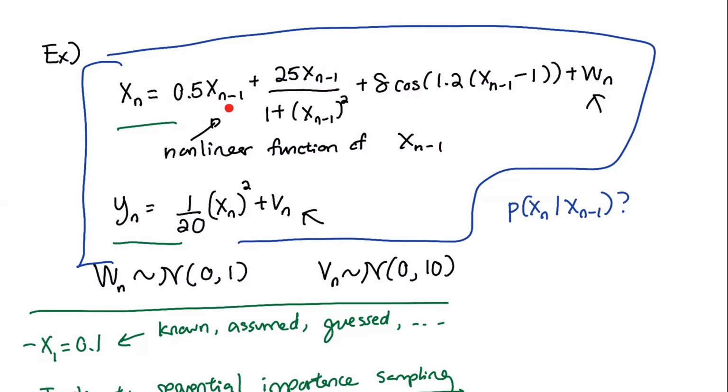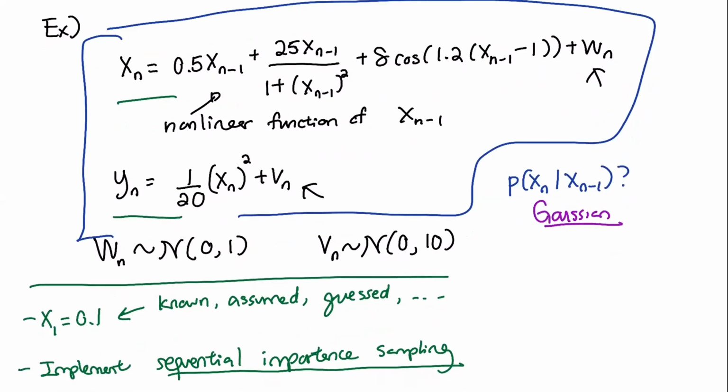As soon as I know what xn minus 1 is, I know exactly what this value is. So the only thing added to the unknownness of xn is this noise term, and I know this noise term is Gaussian. So whatever this number ends up being, it is some fixed number plus a Gaussian noise. Therefore, the probability of xn given xn minus 1 has to be Gaussian.